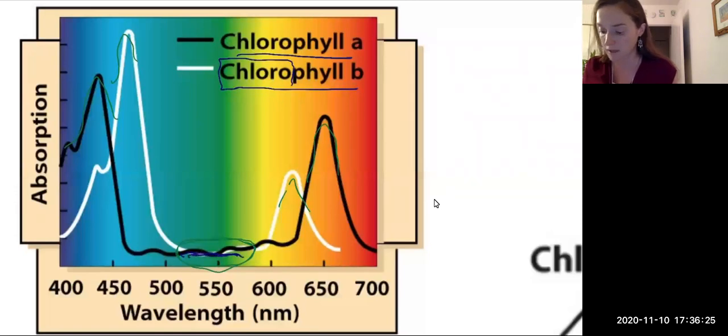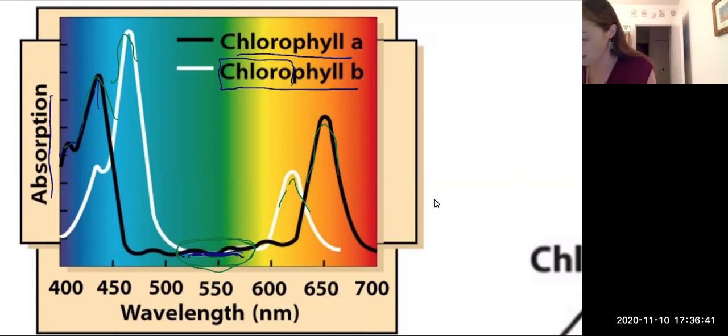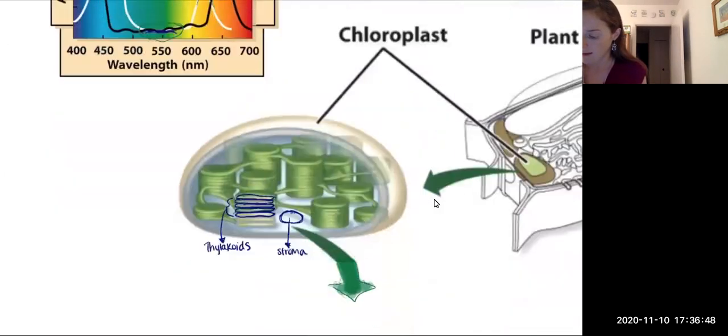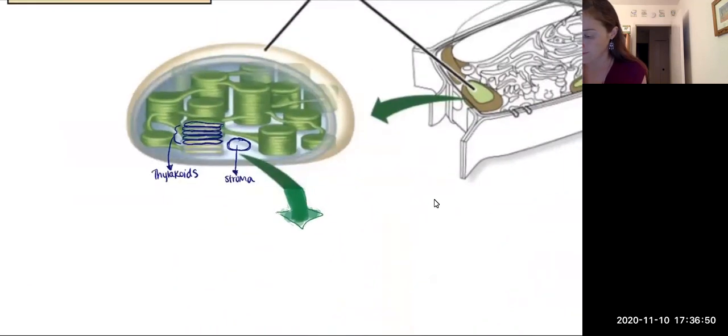Their absorption is really low in the green spectrum, the green wavelength. So that's what they reflect. That's what we see when we look at them. Their absorption is higher in the blue range, the 450 wavelength range to the 680 to 700 wavelength range. Okay, so that's what they're absorbing and that they're reflecting green to us.